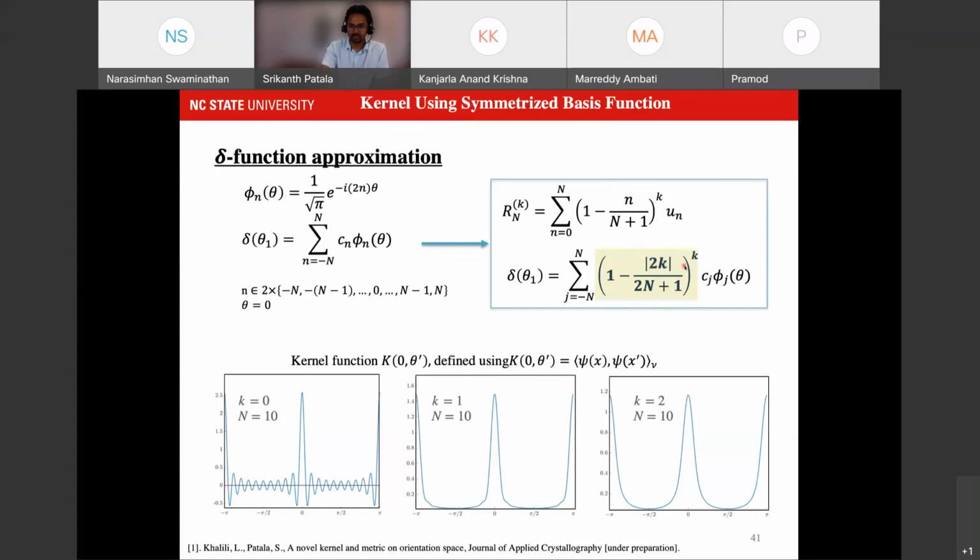We can apply these Rees factors, and that is what smooths out the function here. As you can see, if I change the order of the Rees factor, I can go from this somewhat fluctuating delta function to a smoother and smoother delta function. So this is basically our kernel, which has the symmetries.